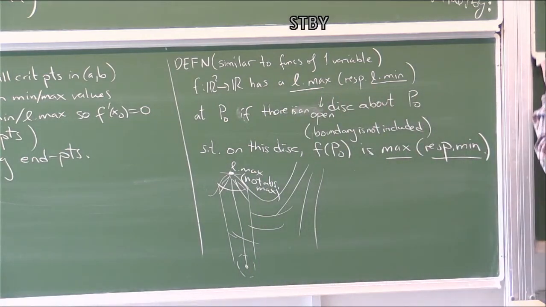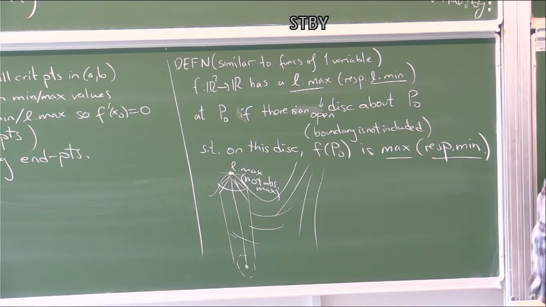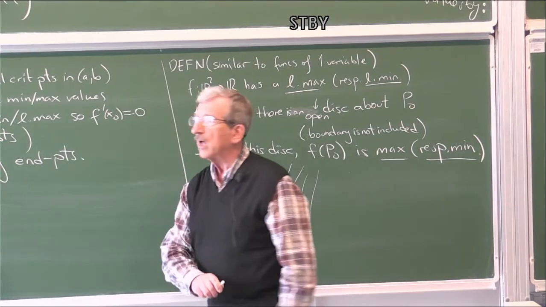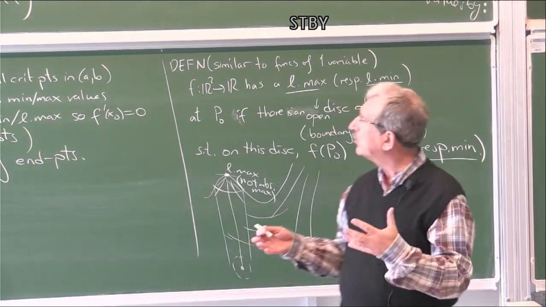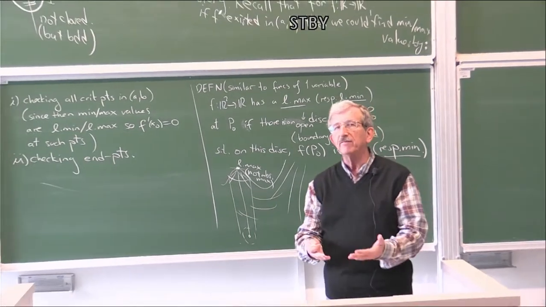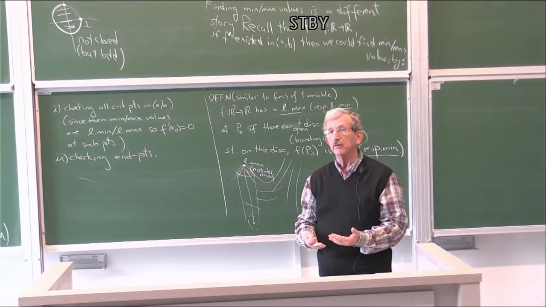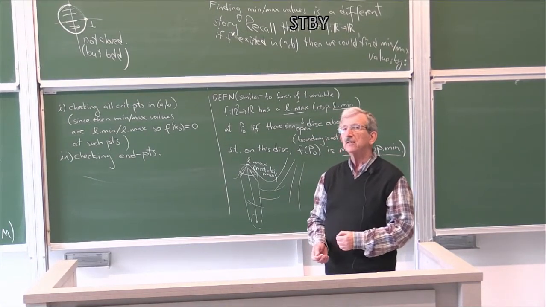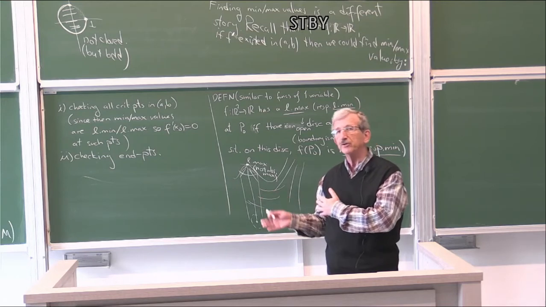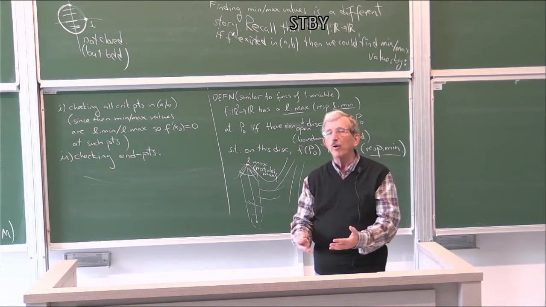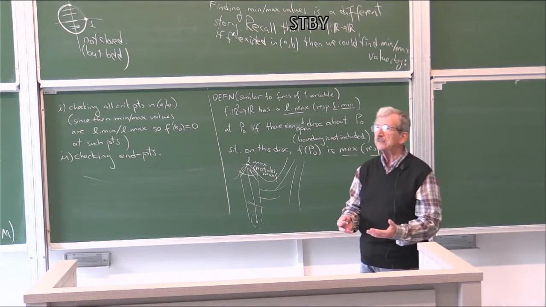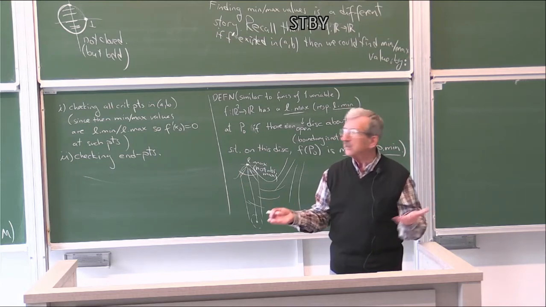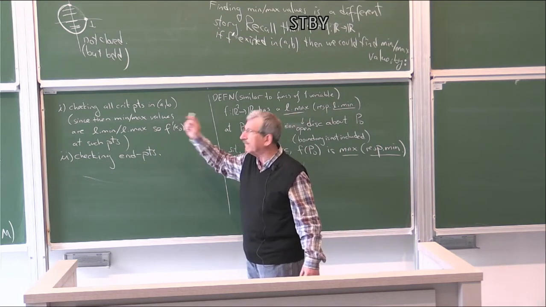Now, what is a critical point? Well, we defined a critical point to be a point where the derivative was 0, but the derivative was the slope of the tangent line. Well, what do we have to replace tangent lines? In the case of two variables, we have tangent planes. So a critical point for a function of two variables is where the tangent plane is horizontal, just like horizontalness in one variable.